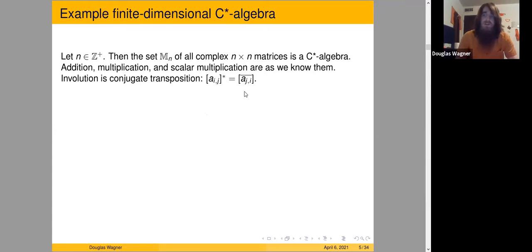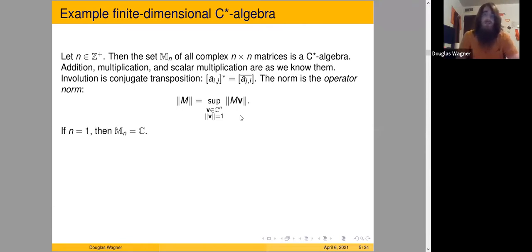The norm you might not have seen before, it's called the operator norm, and it measures the largest factor by which the matrix scales a vector when used as a linear operator. Once again, in the simplest case, when n equals 1, we have complex numbers. But in any other case, we're going to get something non-abelian, since matrix multiplication isn't commutative.